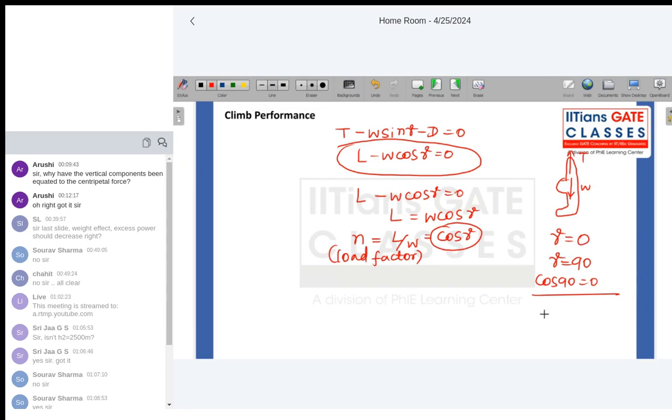If gamma is equal to 0, then it is level flight, where lift is balanced by weight and thrust is balanced by drag.